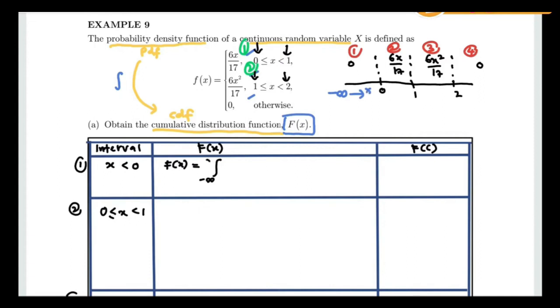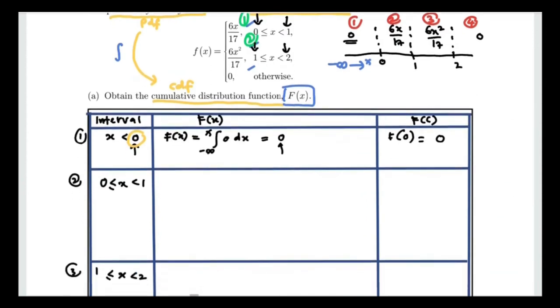The function here is 0, so the integration of the 0 function will give you 0. The next step is finding F of c, which is the upper limit for that interval. Since this is x less than 0, the upper limit is 0, so we find F of 0. Substituting 0 into the 0 function gives 0, so F of 0 equals 0.